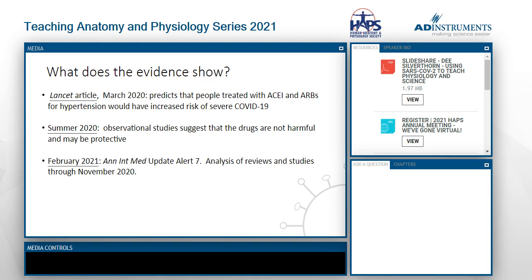And they have, throughout the pandemic, been doing a series of what they call update alerts. They had one on chloroquine and hydroxychloroquine. They have another one on masking that I've used with my students. And they also have been following the evidence for ACEs and ARBs and the development of COVID-19.